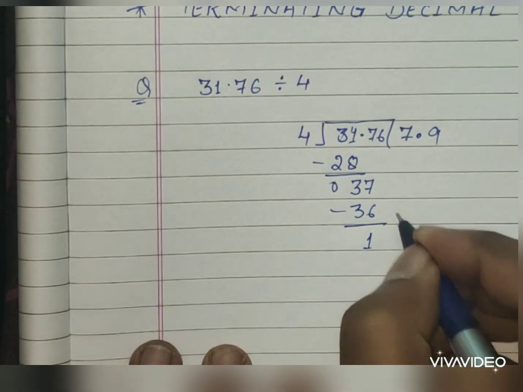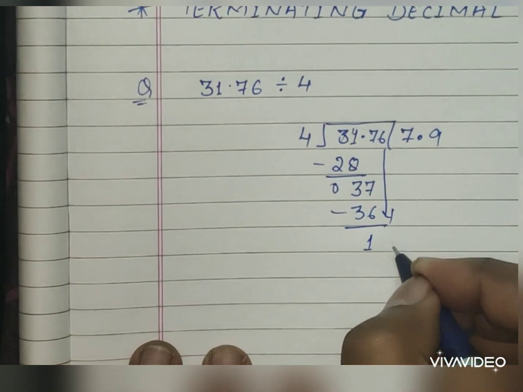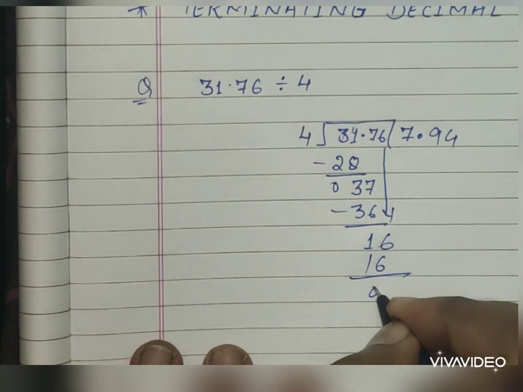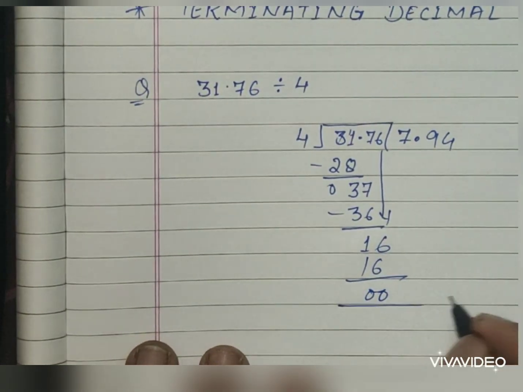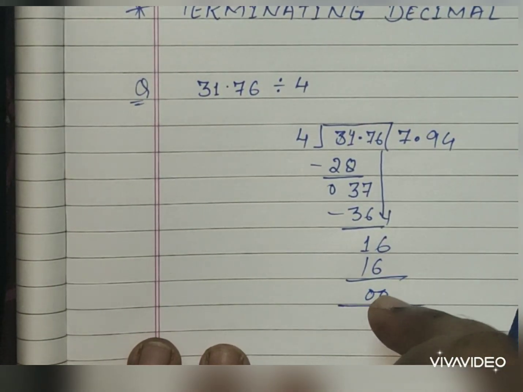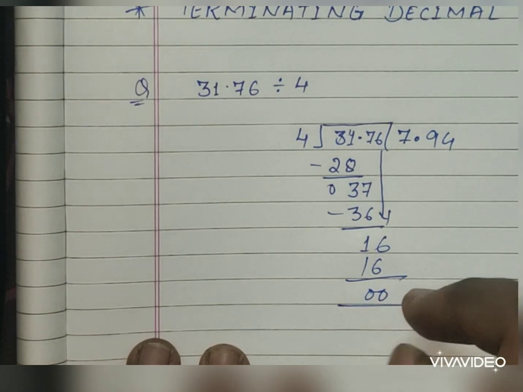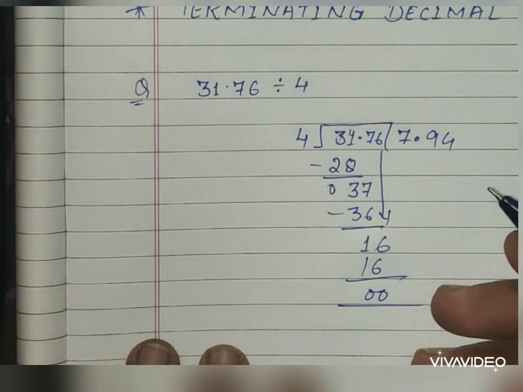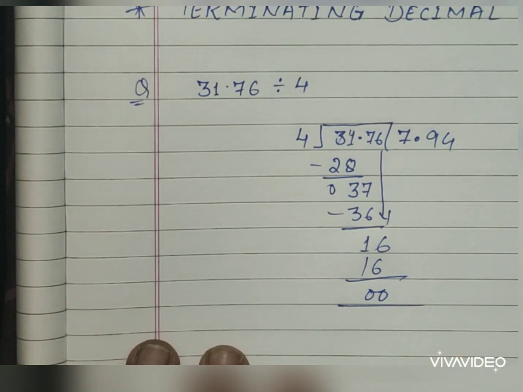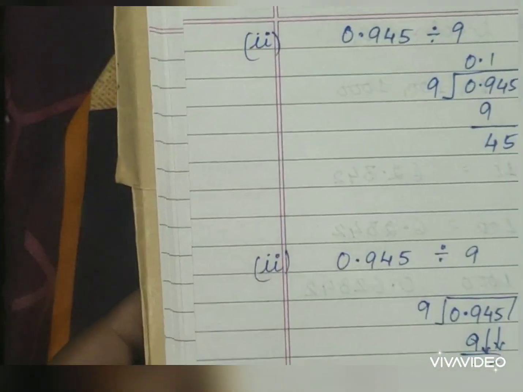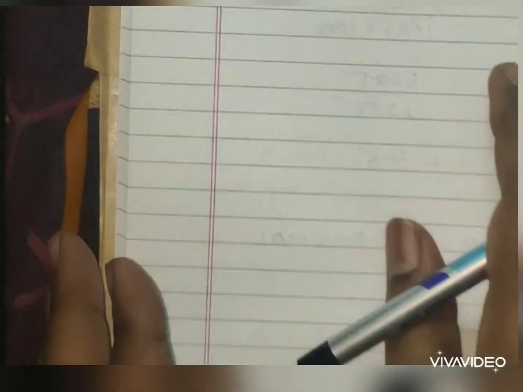Now 1 will be left and 6 will come down, and 4 4s are 16. Students, terminating decimal means that there is no remainder coming over here. Okay, this is the meaning of terminating a decimal.